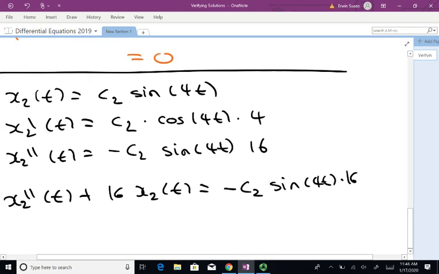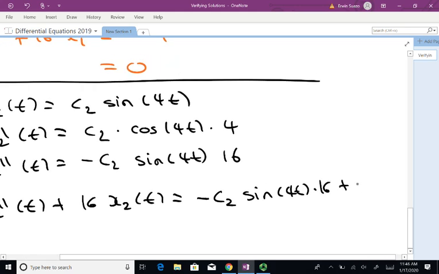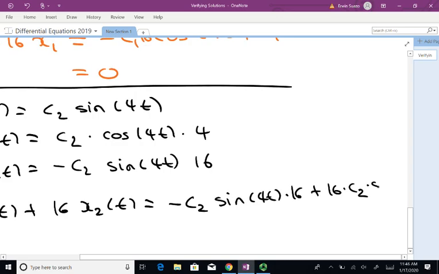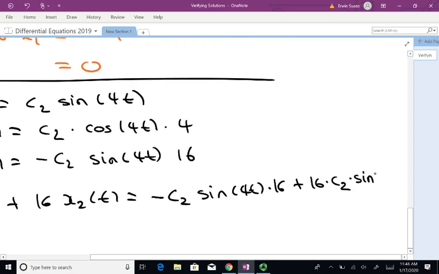So it's 16 c2 sine 4t. And this is good because 5 times 7 times 6 is the same as 6 times 5 times 7, right? Multiplication doesn't matter the order. So these two things are the same, so this is just 0. So indeed, this is a solution.